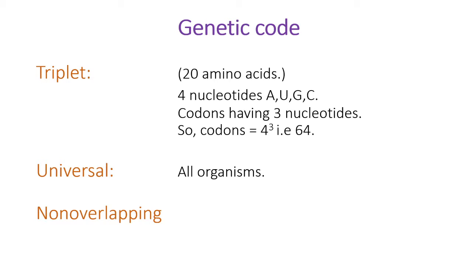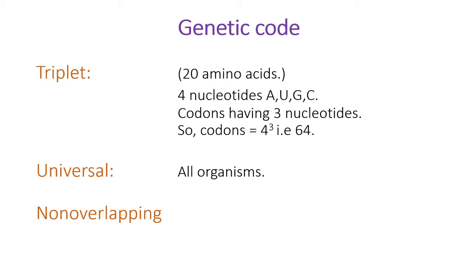Features of the genetic code. Number 1, triplet. As proteins contain the same 20 amino acids, there must be 20 separate codons. Since there are only 4 different nucleotides in mRNA, each codon must consist of more than one nucleotide.